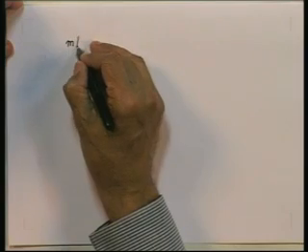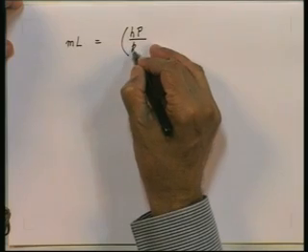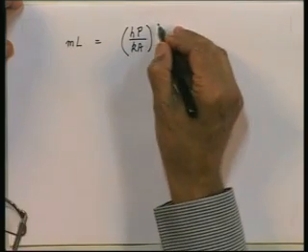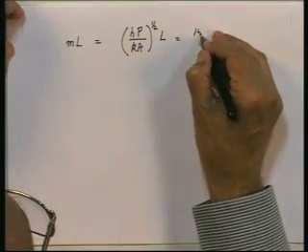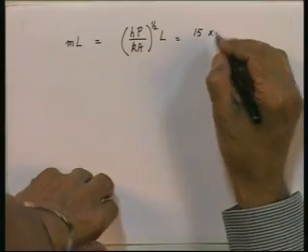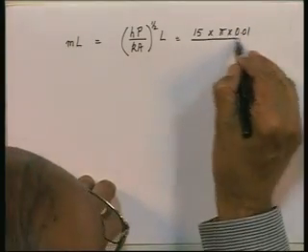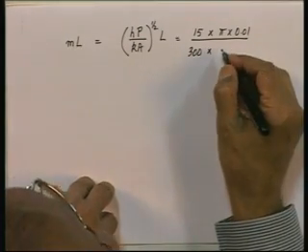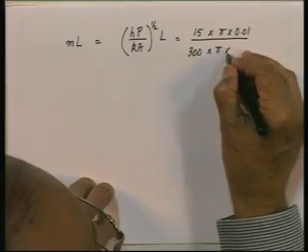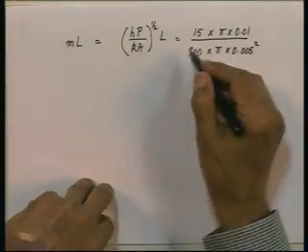First, let us get mL. mL is equal to the square root of hP by kA to the power of half, multiplied by L. H is 15, P is pi into 0.01, divided by K, which is 300, A is the cross sectional area, which is pi into 0.005 squared, pi r squared.